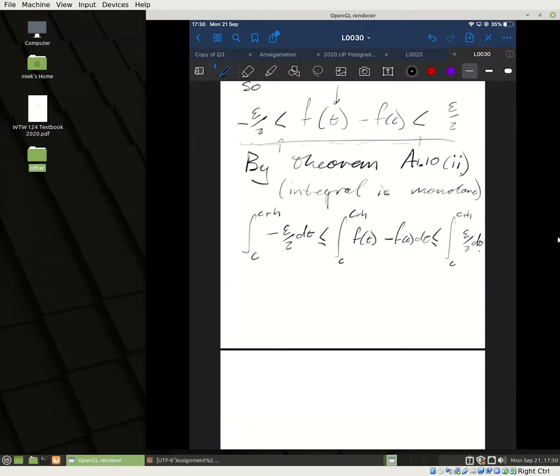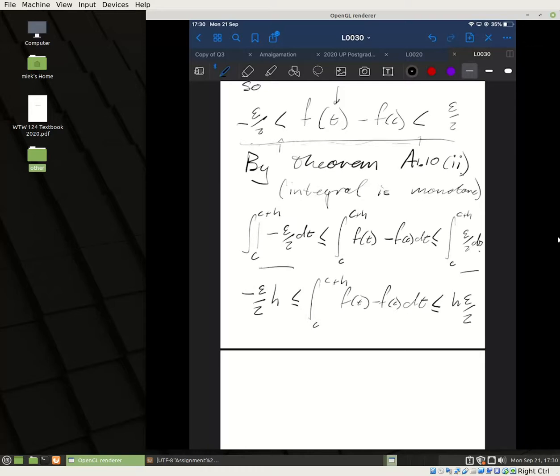Okay, but what we have here on the left and on the right are just constants. So constants integrated over c to c plus h. So what is the area of these rectangles with width h? Over here we get minus epsilon over 2 times h is less than or equal to the integral from c to c plus h of f of t minus f of c dt, less than or equal to h times epsilon over 2.